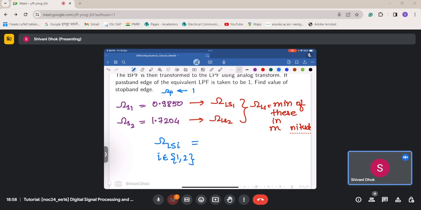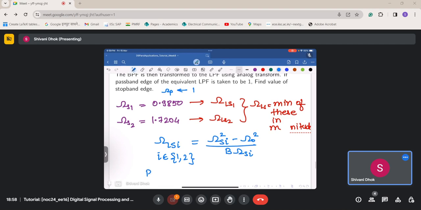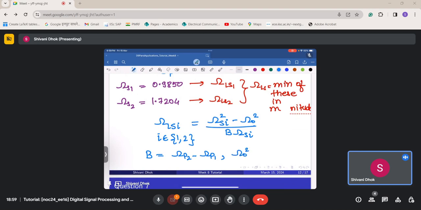So this thing here is given as omega si square minus omega naught square upon B omega si, where this B is omega p2 minus omega p1, and this omega naught square is omega p1 into omega p2.